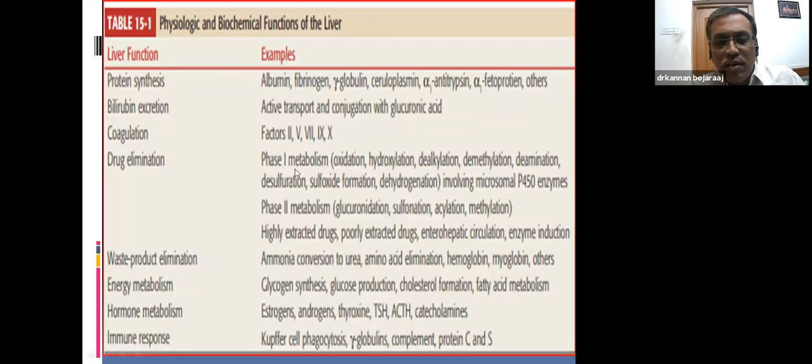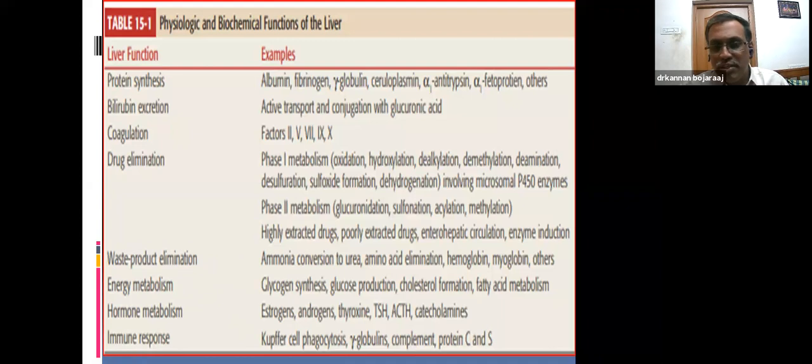I will talk about phase 1 and phase 2 reactions, metabolism of the drugs, in the later slides. And waste product elimination, that is mainly ammonia that is formed from amino acids and in the colon. And energy metabolism, carbohydrate metabolism, where the liver has an enormous role. I will go into detail one by one in the later slides.